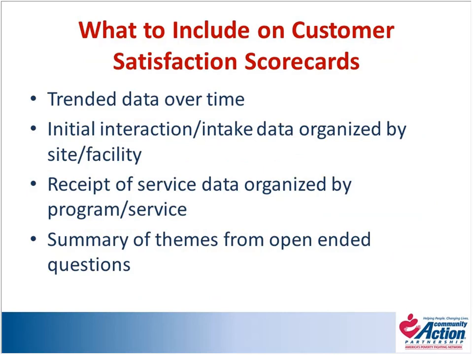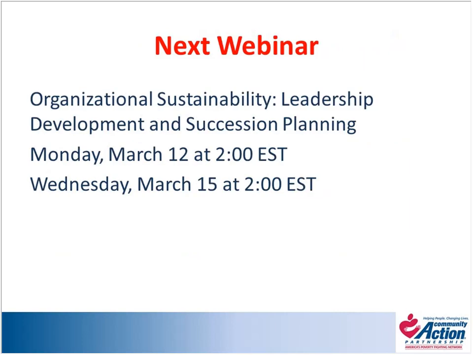If you're collecting that customer satisfaction data at different facilities, you would want to organize the data by those facilities so you could see any differences, because again, there may be different issues in different places that you would need to address. So making sure you're looking not only at that data in aggregate, but at the program level and the facility level, is important in terms of tracking your overall results. And lastly, making sure you're looking at a summary of themes from the open-ended comments that you're getting from customers and staff alike.